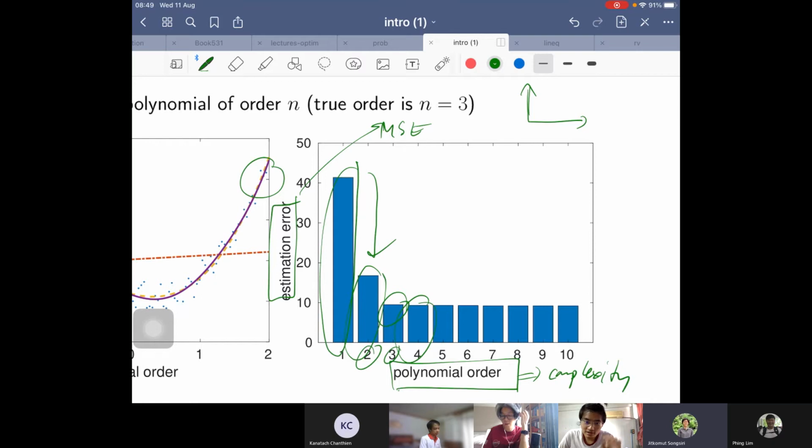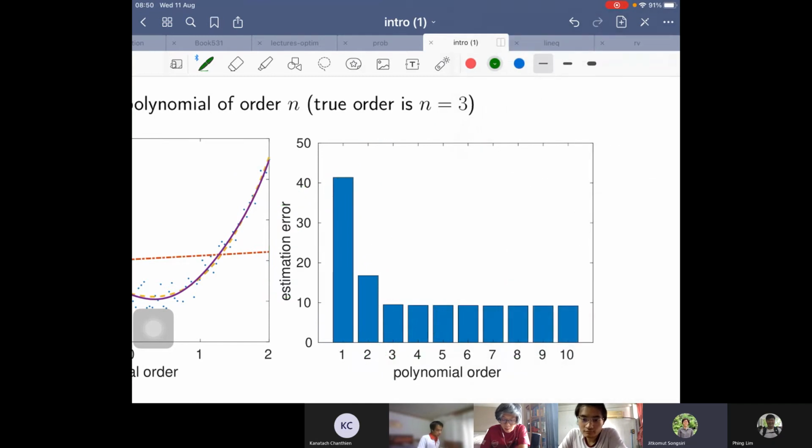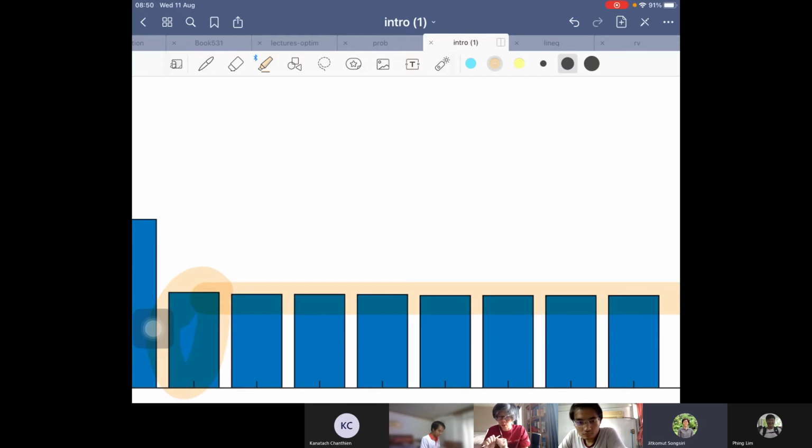What do you see? The error is nearly equal. Yes, the error from the fourth order is nearly the same as the error of using the third order, and as you increase the order, it doesn't seem that the MSE is further reduced significantly. If you look at the value in the computer, it might be decreasing, but maybe not significantly.